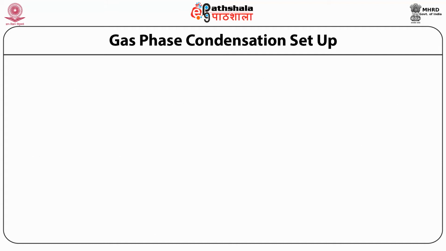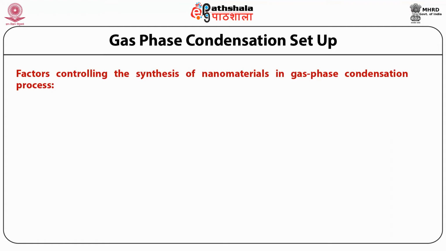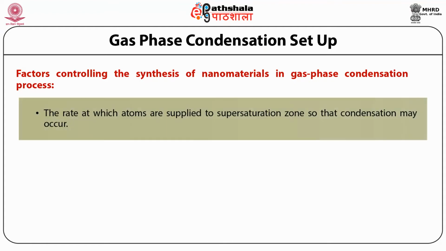We next discuss the factors which control the synthesis of nanoparticles in the gas phase condensation process. The factors controlling the synthesis of nanoparticles in the gas phase condensation process are, firstly, the rate at which atoms are supplied to the supersaturation zone so that condensation may occur.